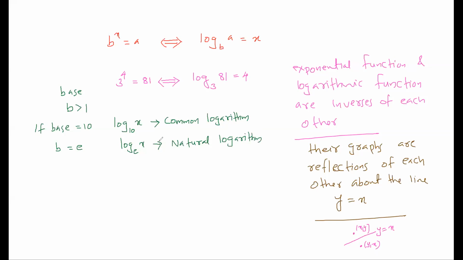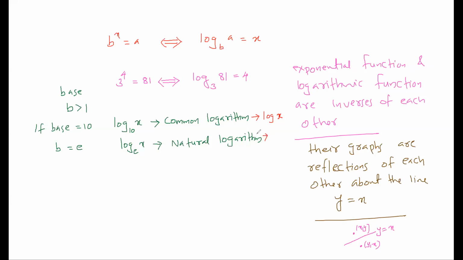In the exponential function, base 10 is called the common exponential function, and base e is called the natural exponential function. Similarly here also, base 10 is known as common logarithm and base e is known as natural logarithm. For common logarithm, if we simply write log x, it means the base is 10. If the base is not mentioned there, it is understood that the base is 10. It is known as common logarithm.